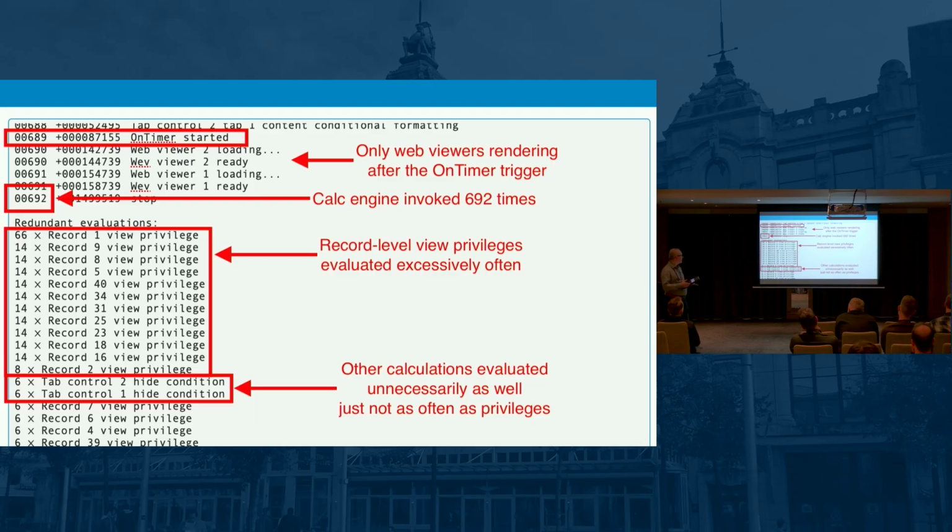So in addition to making the calculation engine faster, what Claris can also do is call the calculation engine less often if it doesn't need it. The whole layout rendering took about 87 milliseconds. So within 87 milliseconds, how likely is it that the privilege to view the record changes?